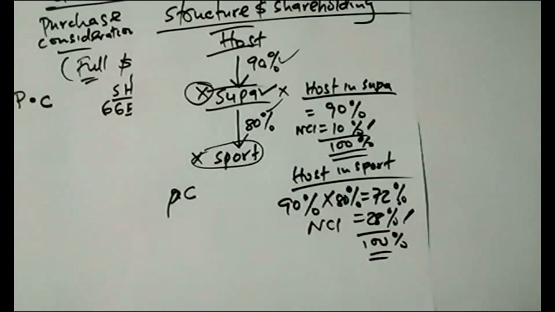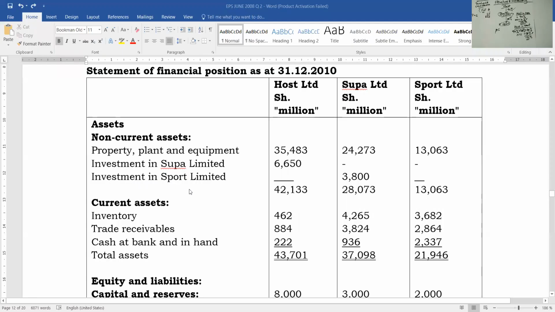So you need to go to the statement of financial position again. We check which is the relevant investment there. Here you can see the investment in Sport is 3,800, and it's under Super, because host used Super to invest in Sport, because host has an indirect control in Sport, and they use Super to invest in Sport.